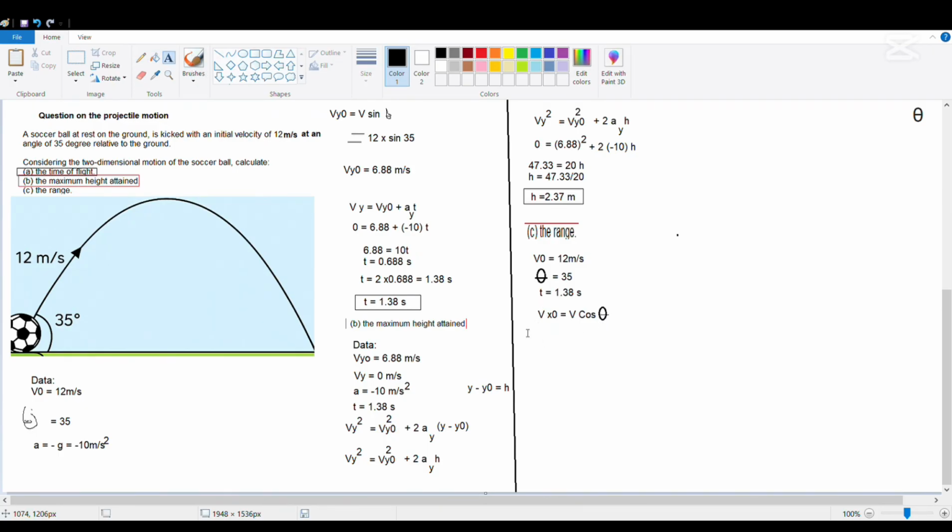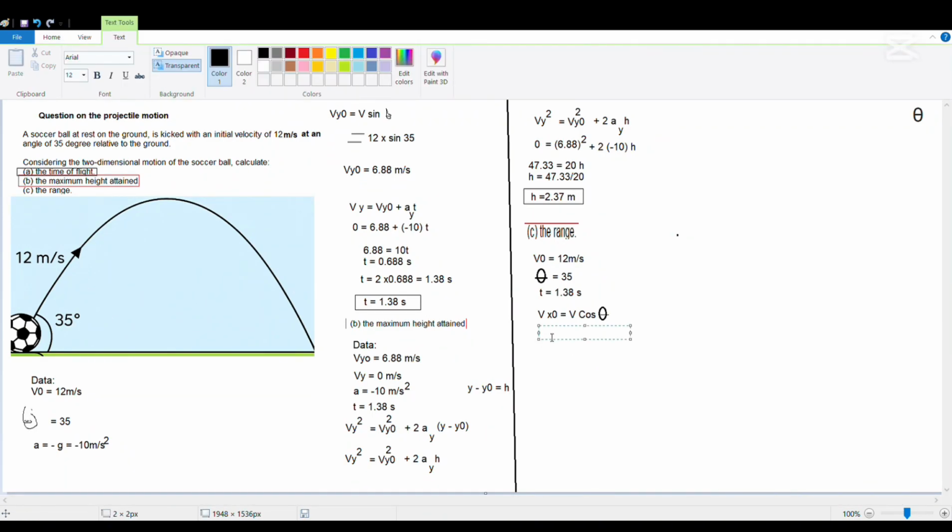So vx naught is equal to 12 cos 35. Using the calculator, cos 35 is 0.819, times 12 is 9.82. So vx naught is equal to 9.82 meters per second.